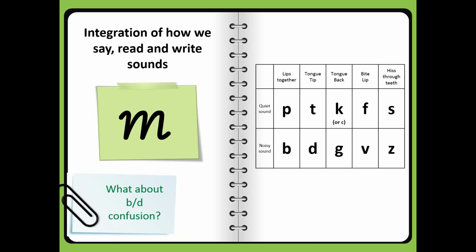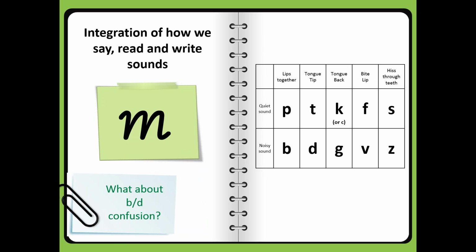Some examples of things that happen in the Lime program are the integration of how we say, read and write sounds. Students learn to use kinesthetic feedback from their own mouths, throats, tongues and noses to ensure that they're making sounds correctly. But it also relates to the writing of sounds. For example, mm.